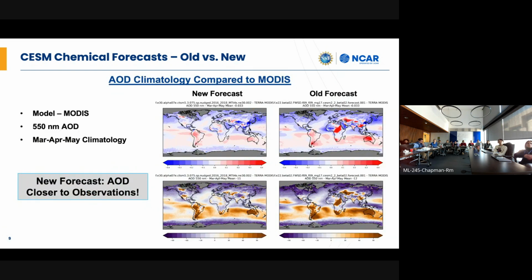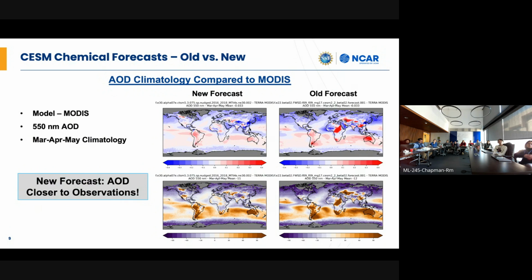And this is AOD, similar climatology 2020 to 2024. The left two panels are the new configuration and our older forecast configuration is on the right. Those are difference plots, so you want those to be as close to 0 as possible.